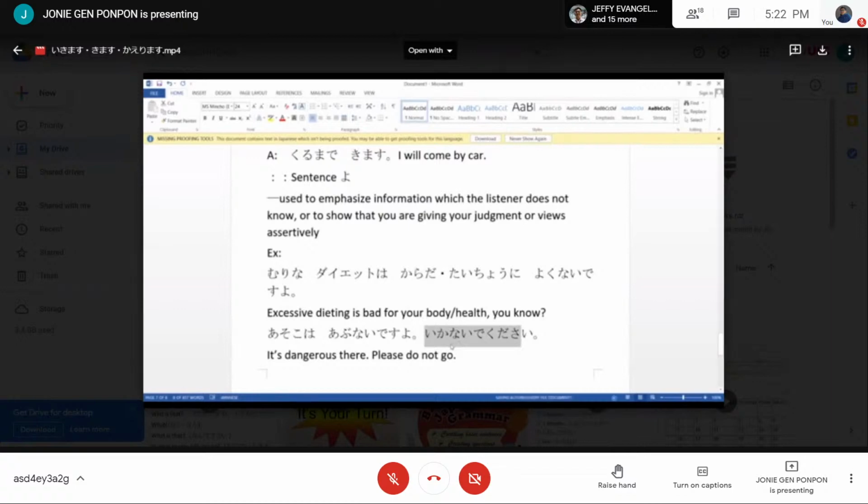So, ikanai de kudasai, please do not go. So that's how you will use the expression yo. Asoko wa abunai desu yo. Ikanai de kudasai. You're saying to the listener that it's dangerous there. Please do not go. Hindi alam ni listener na abunai doon. That's why you are saying to him or her that it is dangerous there. So that's how you will use the expression yo.